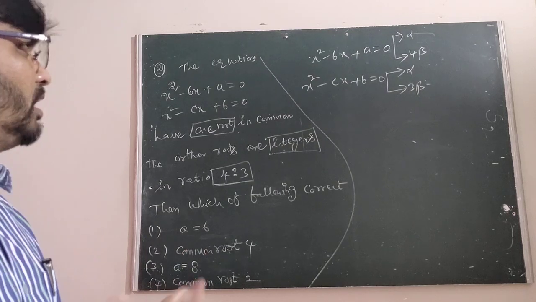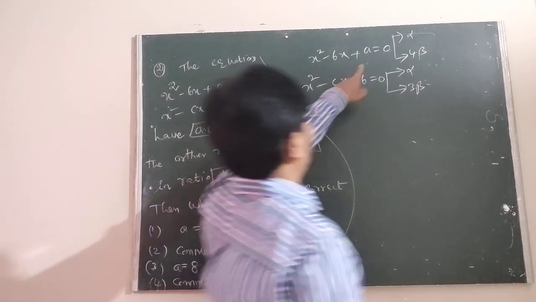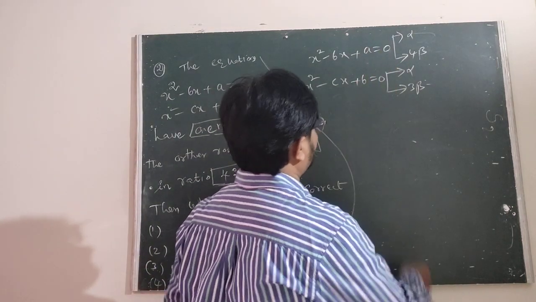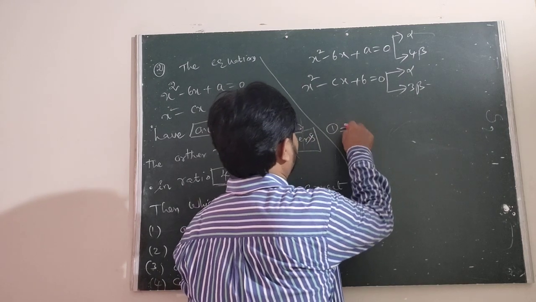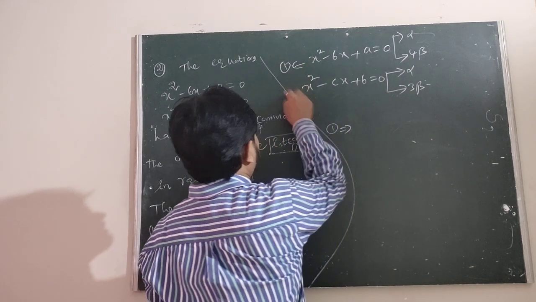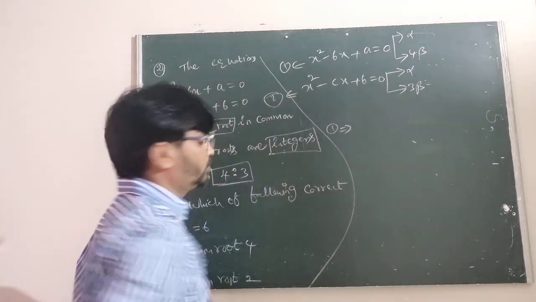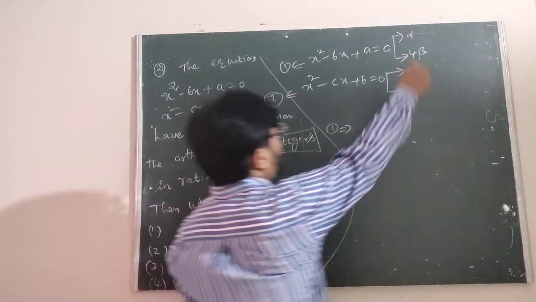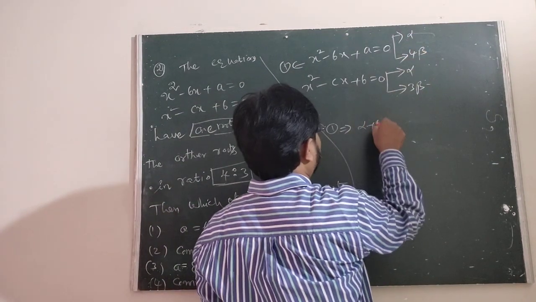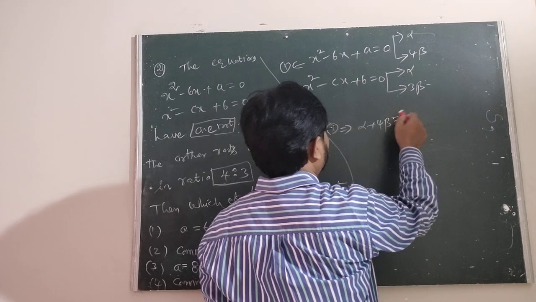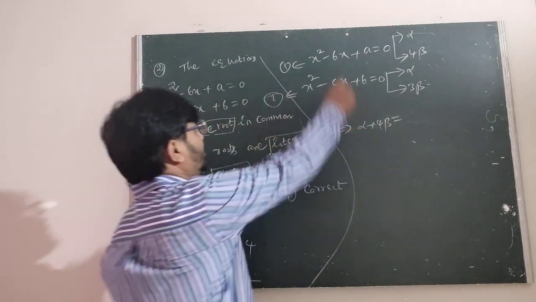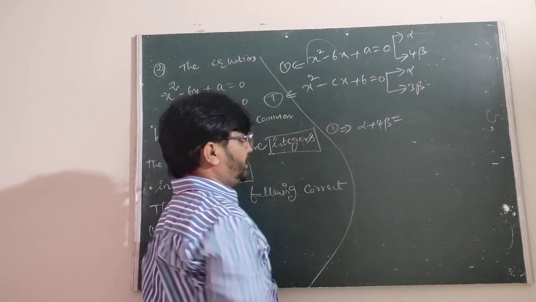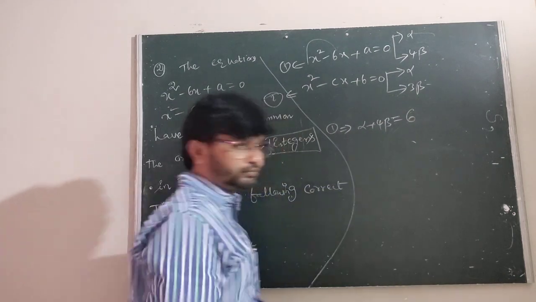Now we are finding the common root and the value of a. For equation 1, the sum of the roots alpha plus 4 beta is minus b by a, that is 6.